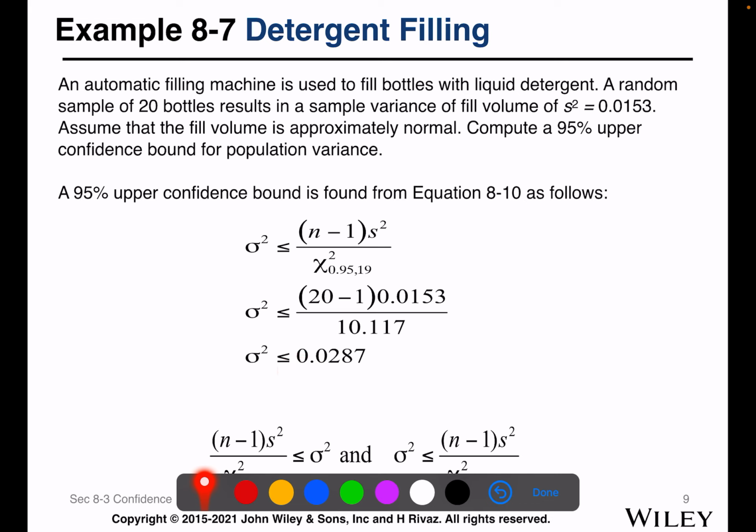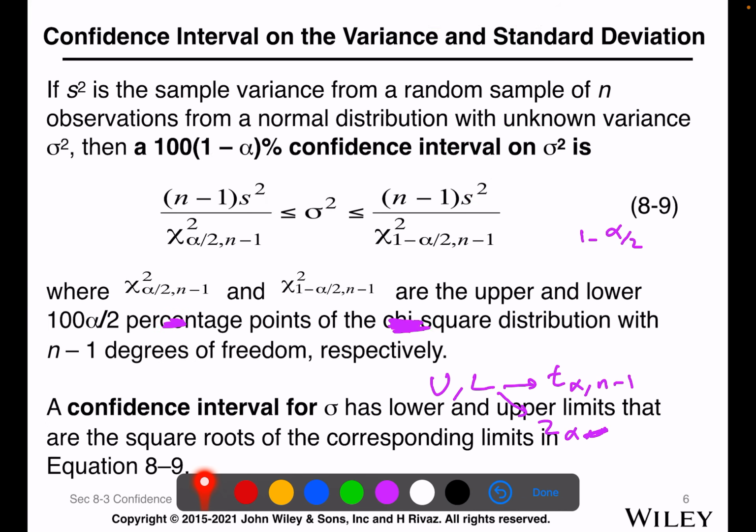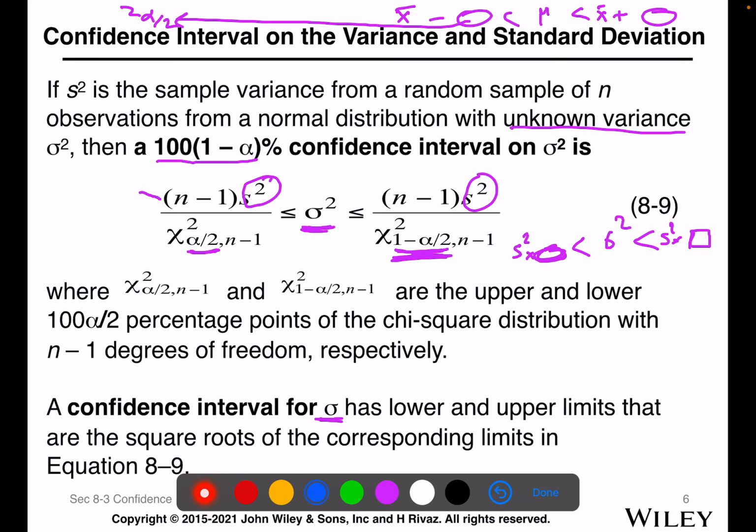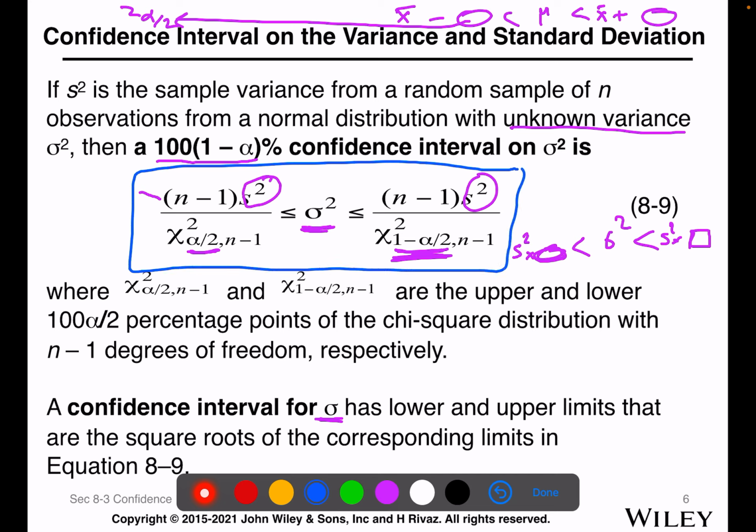If the question wanted, instead of an upper bound, a lower bound, then we would use this equation, which is what we just did. And if the question wanted a two-sided confidence interval, we would have to use this equation up here. This is the two-sided version. Any questions?